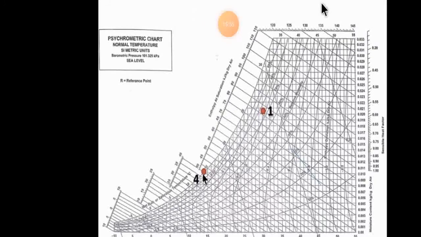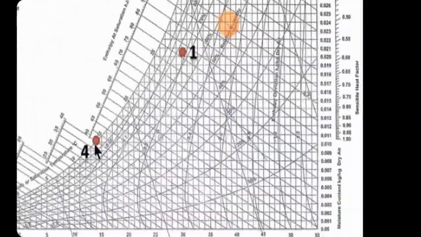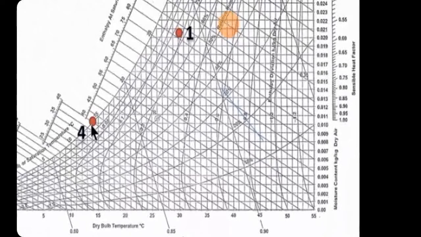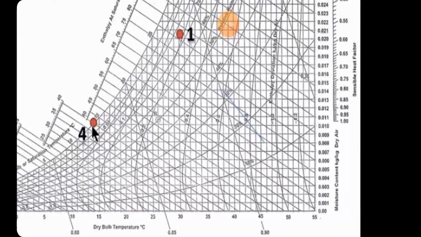Now what value is remaining? The specific moisture content. In this chart the moisture content is in units of kg per kg, that's why the values are in decimal format. Like in the previous chart we had values like 10, 20. If you divide 10, 20 by 1000, you get the similar values.